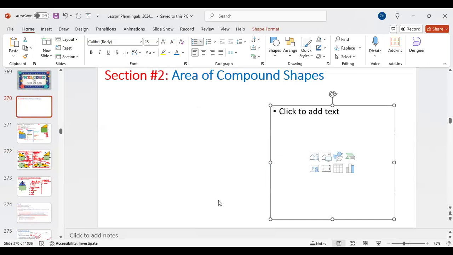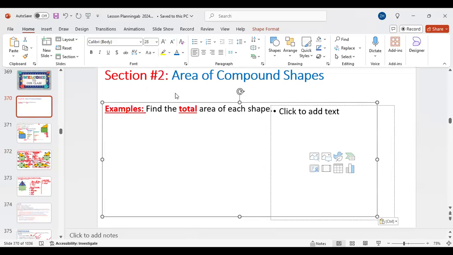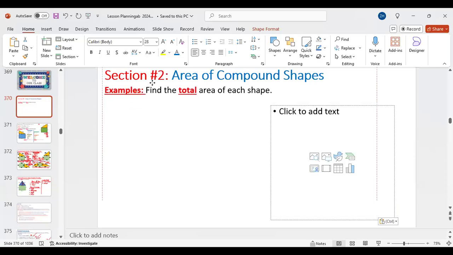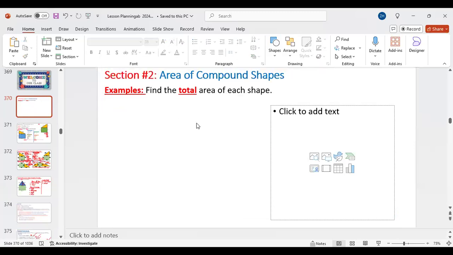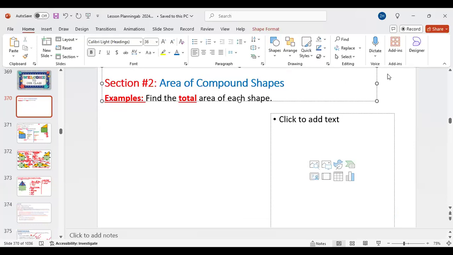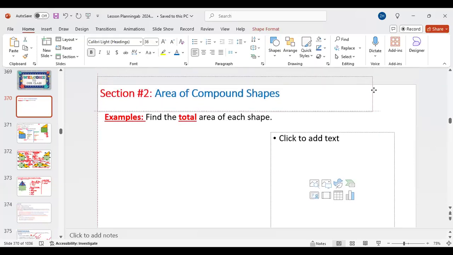A compound shape is a shape that has a combination of shapes. The instruction here is very simple: find the total area of all shapes. Whatever shape we're given, we find its total area.